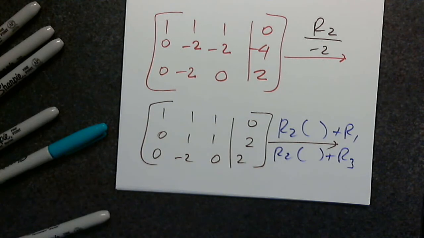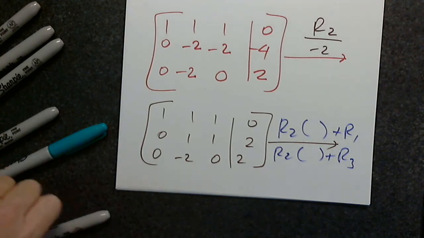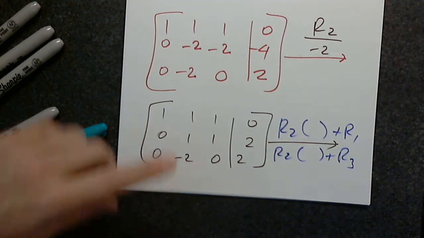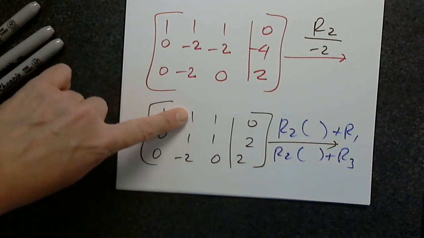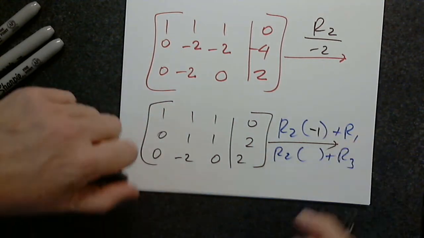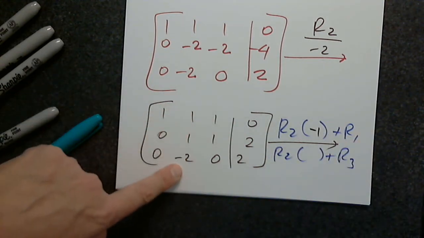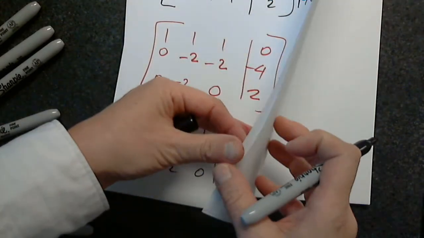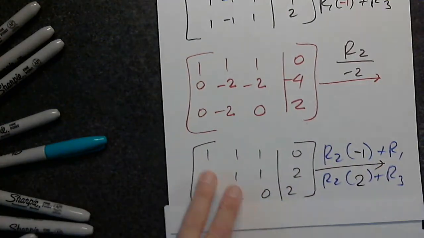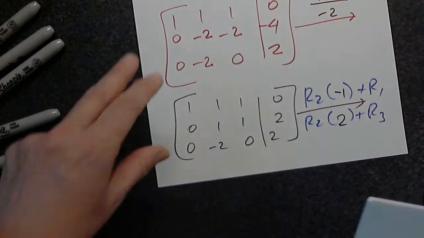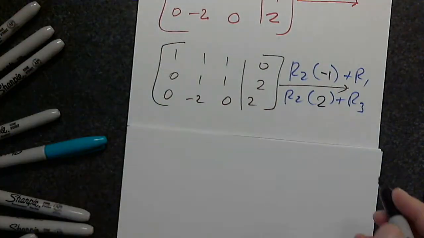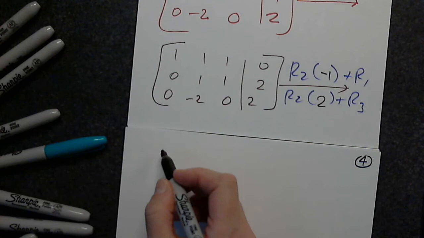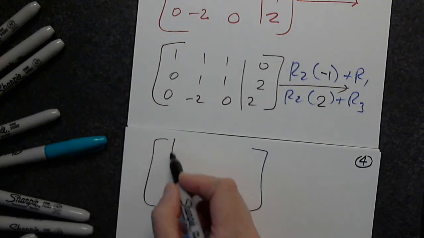Since it's the second step, it must be row 2. Okay. What do we multiply by to eliminate the 1? Perfect. What do we multiply by to eliminate the negative 2? Perfect. So which row do I copy?